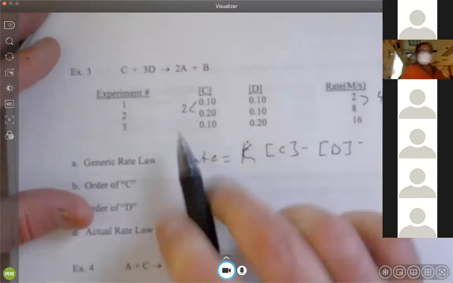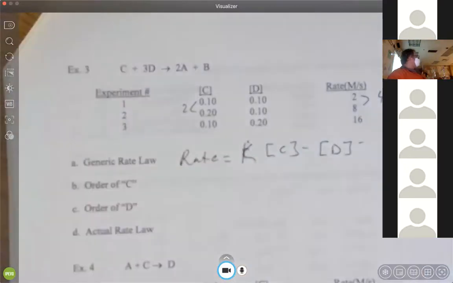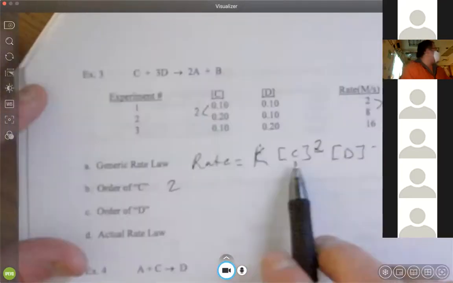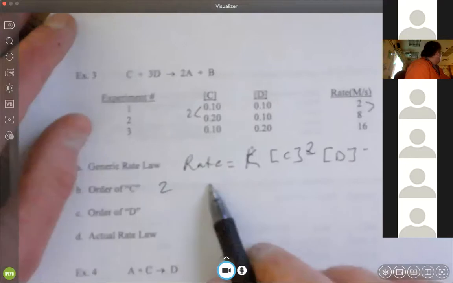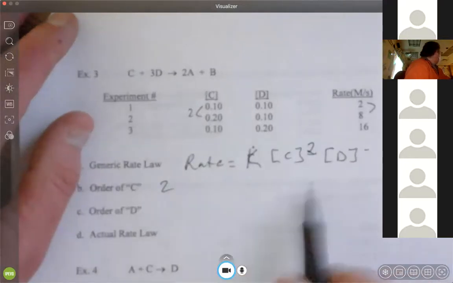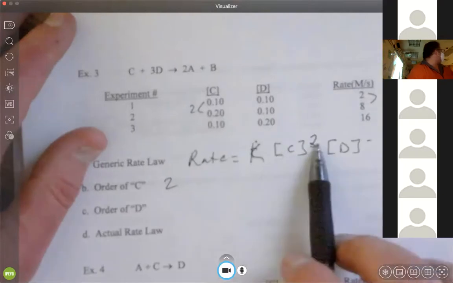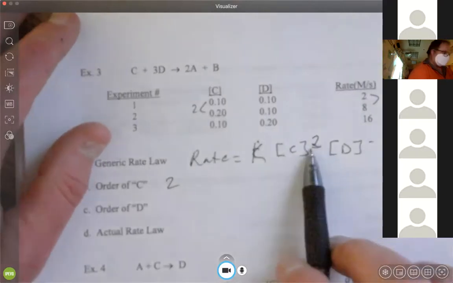So 2 to the x equals 4, or log of 4 divided by log of 2? 2. So this is second order for C. That means if I double the concentration of C, and D is unaffected, it would be 2 squared faster, or 4 times faster, because if we put 2C here, it's 2 squared times C squared.